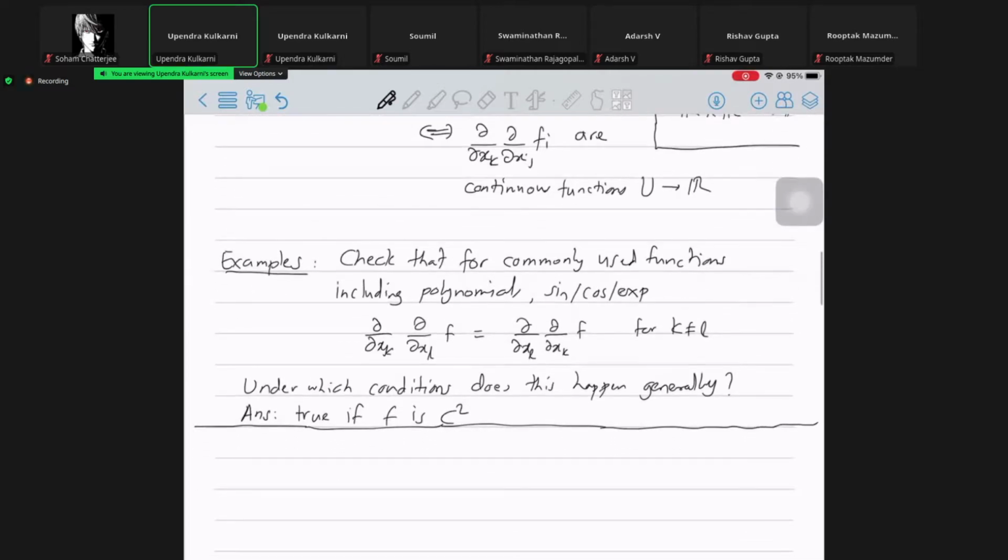So we can prove something a little more general. Let us set this up. So, lemma. We will consider the two variable situation.